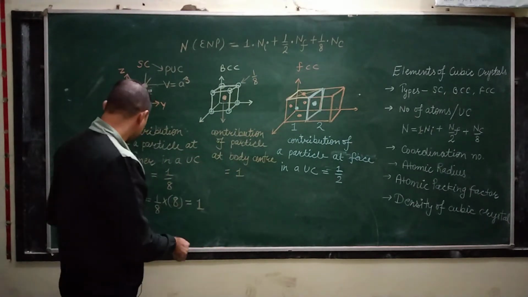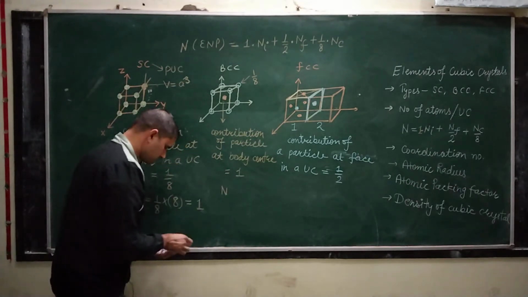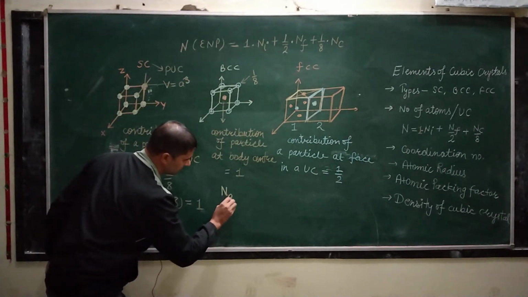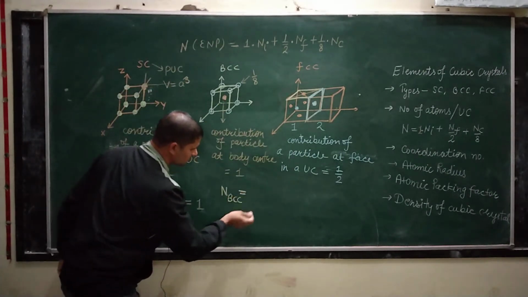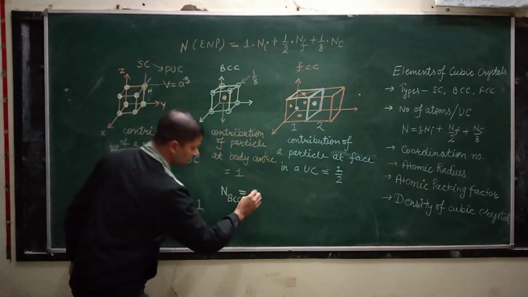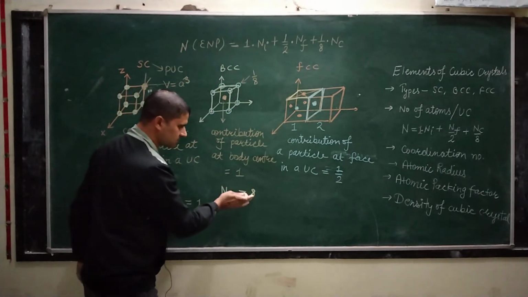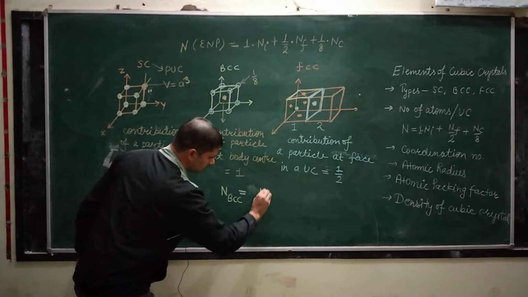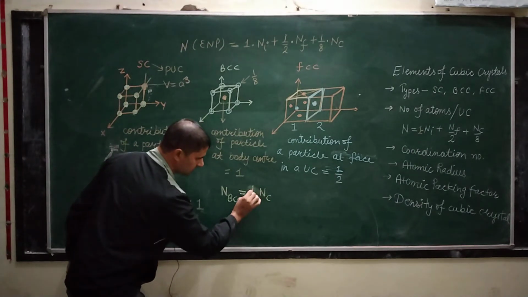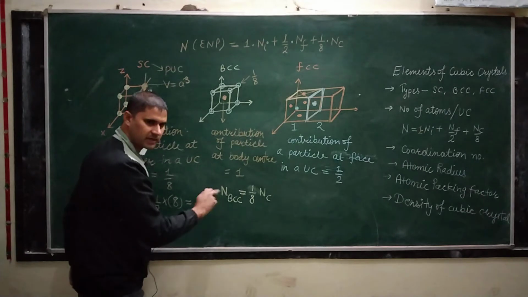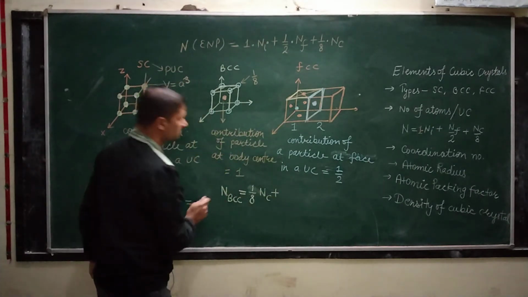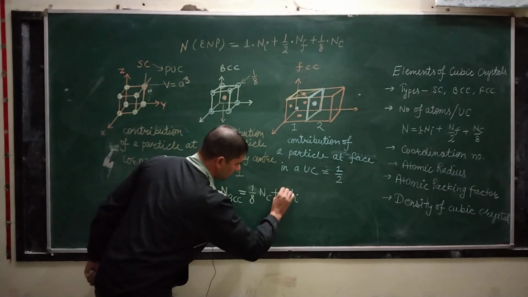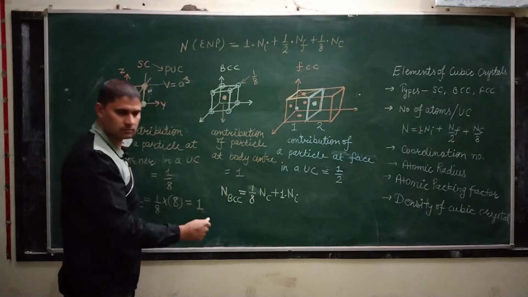So the effective number of particles n in a BCC unit cell is equal to 1 by 8 times the number of particles at the corner, that is 8, because the contribution of a corner particle is 1 by 8, plus the number of particles in the interior, that is 1, and it contributes fully inside the unit cell.